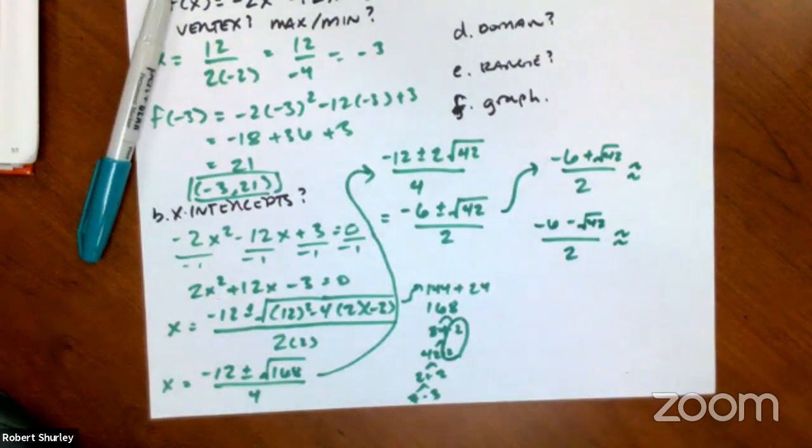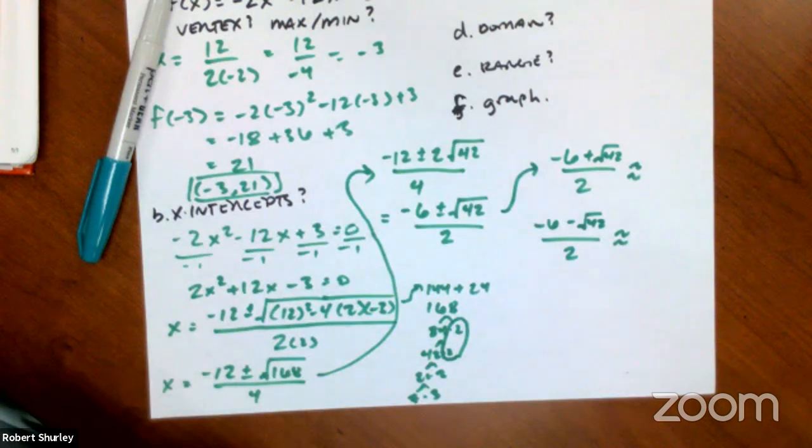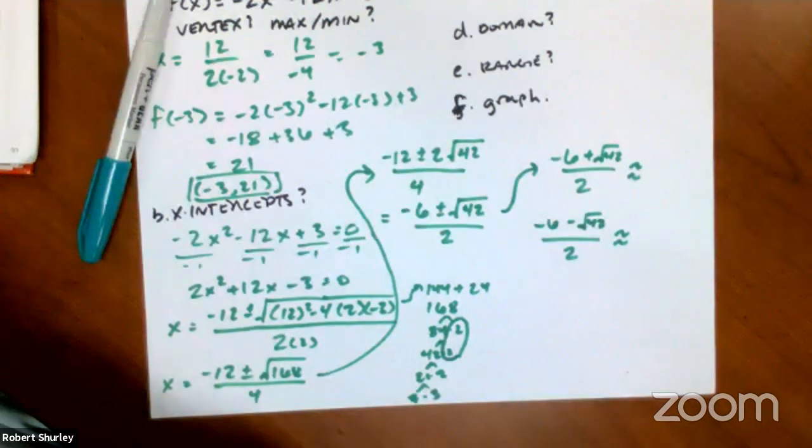So negative 6, crap, hold on. Struggling with the phone calculator. Let's do plus first. So plus the square root of 42 divided by 2.